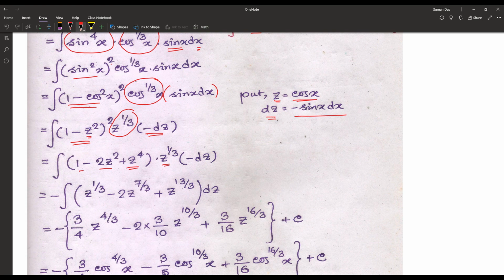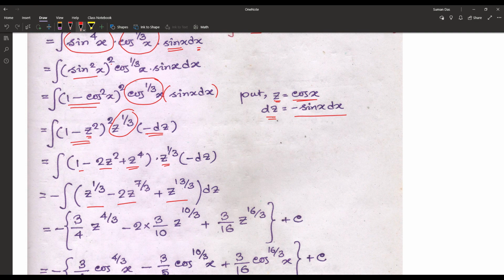Now multiply that bracket part with z to the power 1 by 3, and that is z to the power 1 by 3 minus 2z to the power 7 by 3 plus z to the power 13 by 3. Now once again the sum and difference rule applies here for integration.